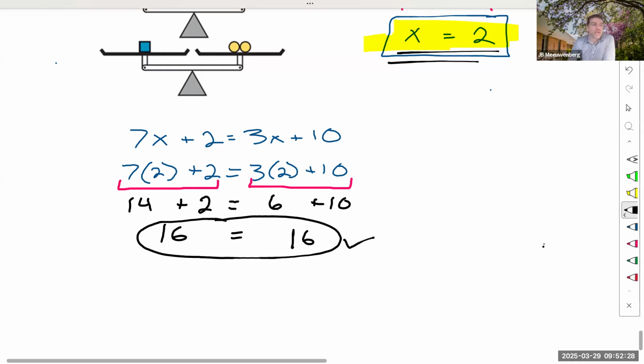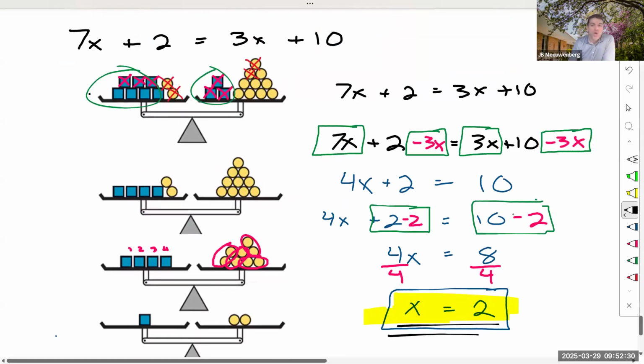What we've demonstrated through this process here are certain properties of equality. When we add or subtract things from both sides, or when we divide or even multiply on both sides, what we've done is kept our balance scale balanced.